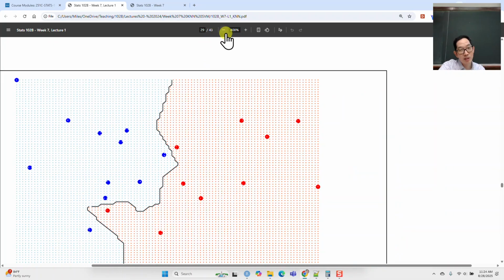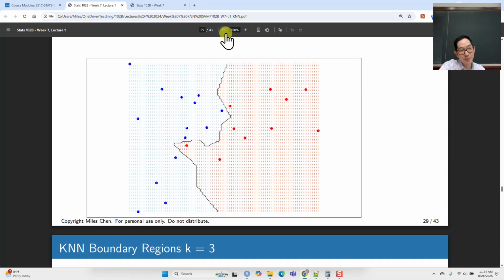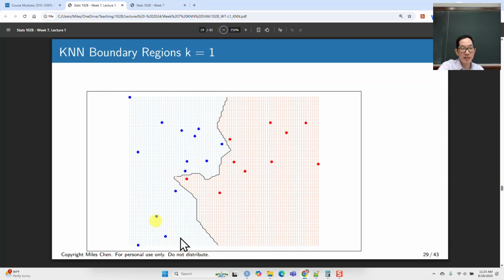So this goes through our data set, looks at all of these different test points, and does K nearest neighbors with K equal to 1. This is how it classifies them. And so we get these regions shaded red and blue, separating our red and blue boundaries. That would be K equal to 1.